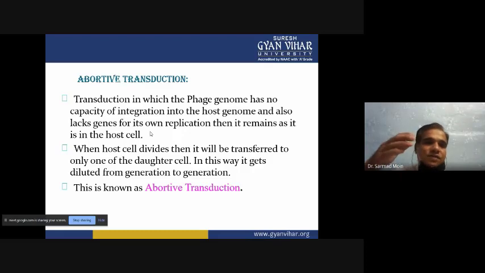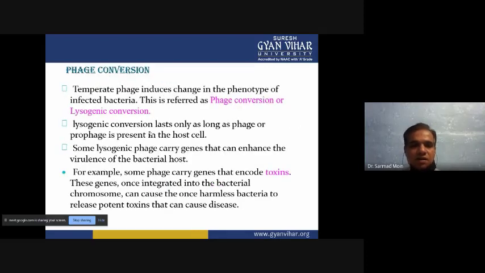So if the mother cell has this type of phage genome, the daughter cell will automatically receive this phage DNA. This type of transduction we call abortive transduction.